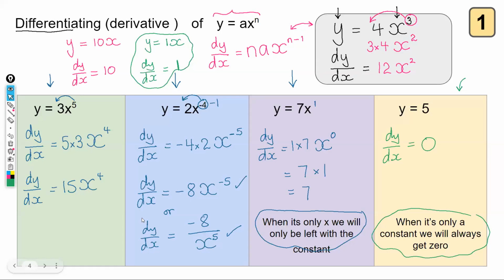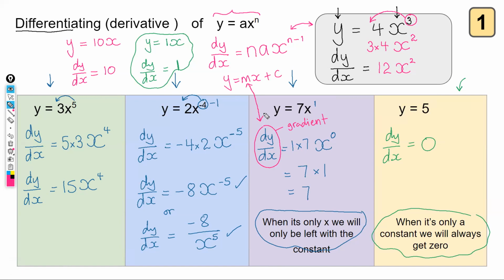I think it's important to know what dy dx actually means. Dy dx, it's another way of writing the word gradient. Remember in normal maths, there is this topic called y equals mx plus c, and m stands for your gradient. Well, guess what? M and dy dx is basically the same thing.